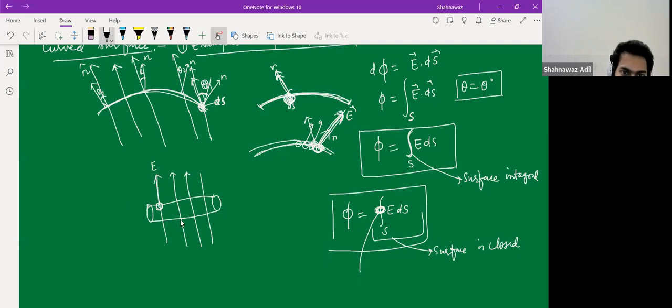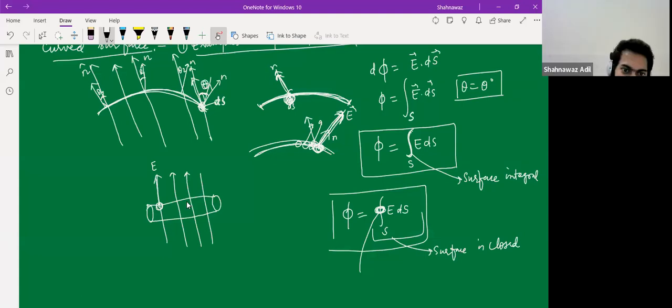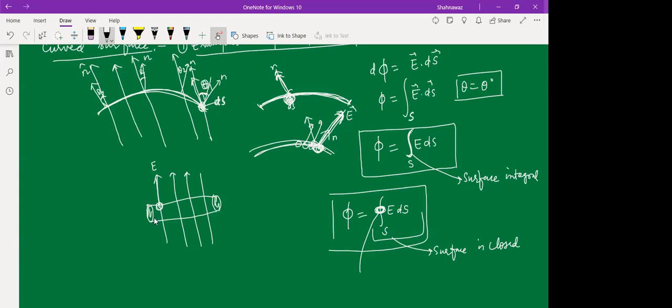Understood? So is this an open surface or a closed surface? This part is not there. This part is open. So, close or open surface? Open. Open surface, right?